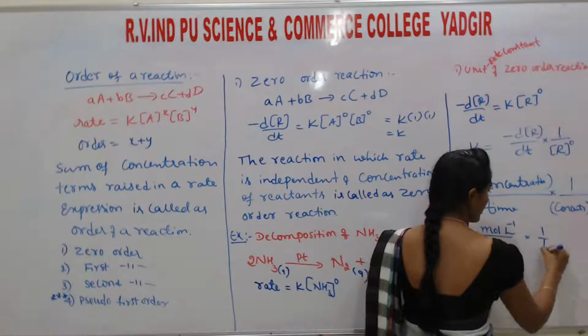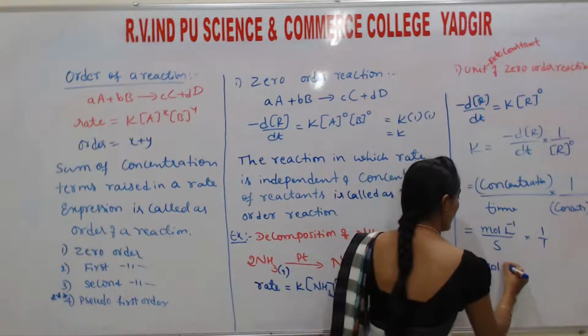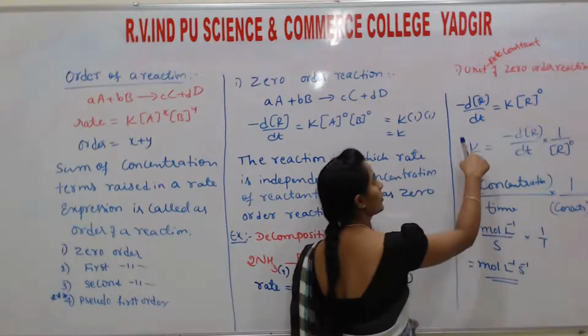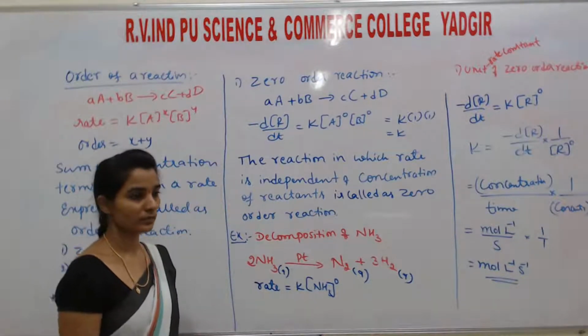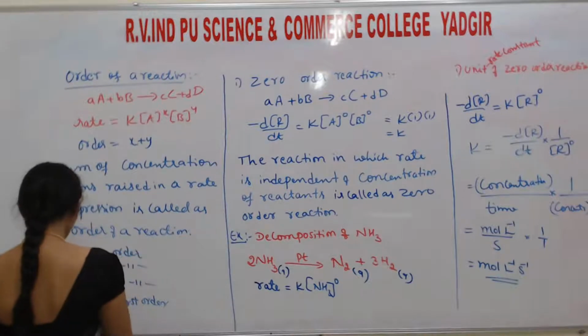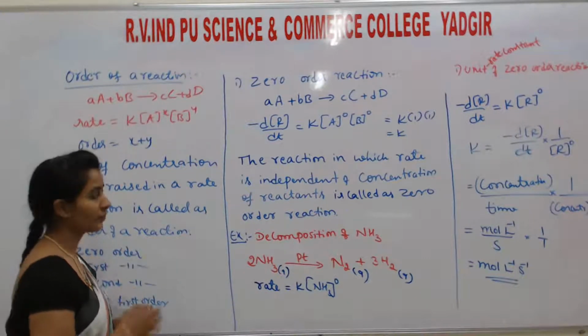This is 1 divided by 1. That means mole per liter per second is the unit of rate constant for a zero order reaction. Understand? Next.